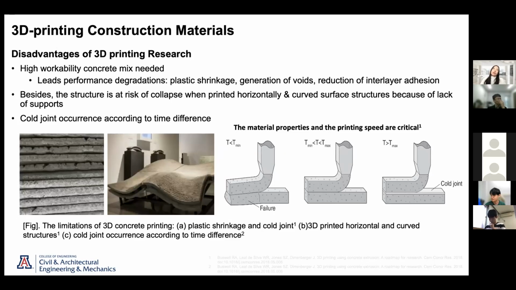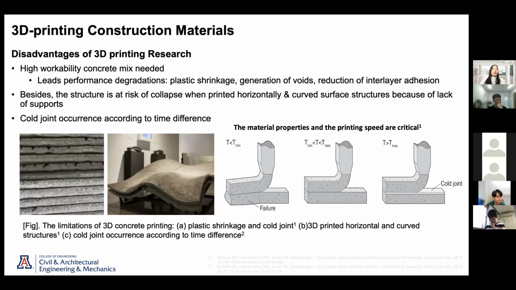3D concrete printing requires high fluidity of the material for ease of operation. However, using high flow materials leads to performance degradations, such as plastic shrinkage due to the spreading and separation of the materials, generation of voids, and reduction of interlayer adhesion. Besides, the structure is at risk of collapse when printed horizontally and in curved surface structures because of lack of support.